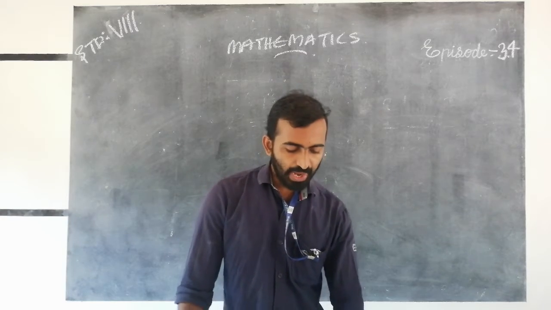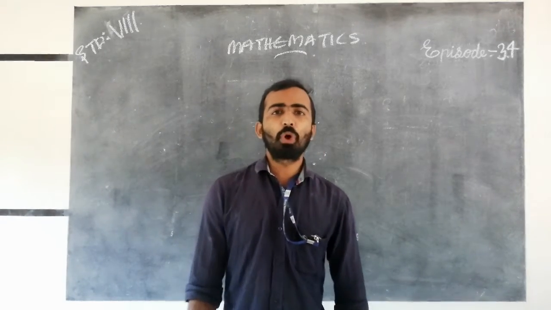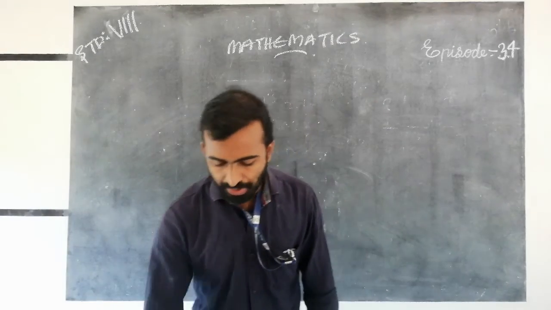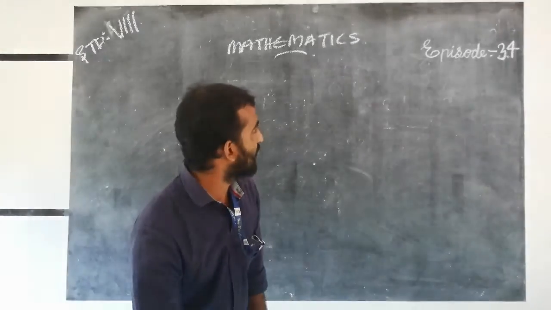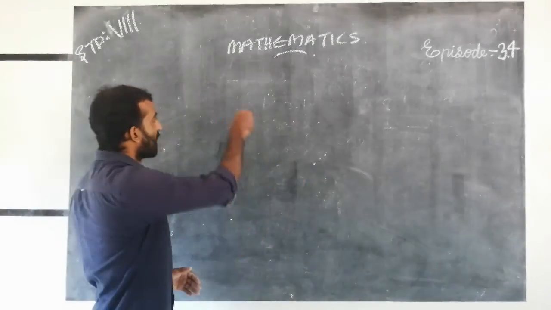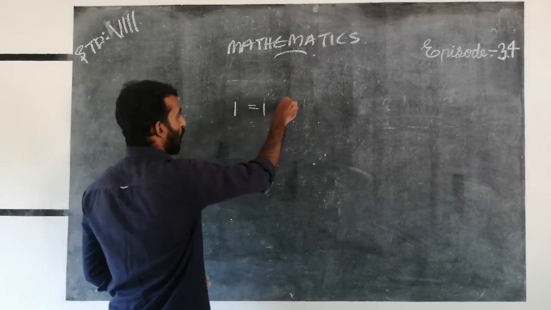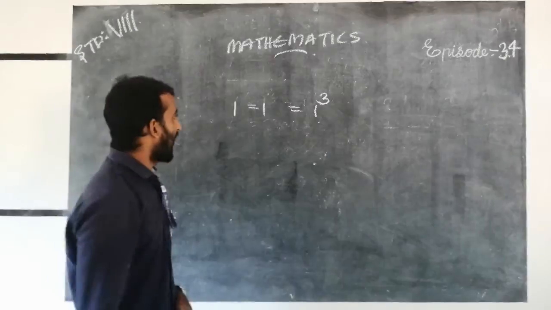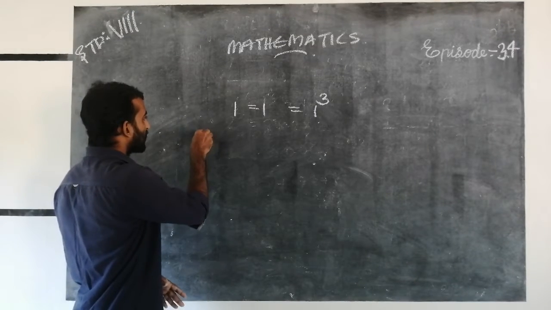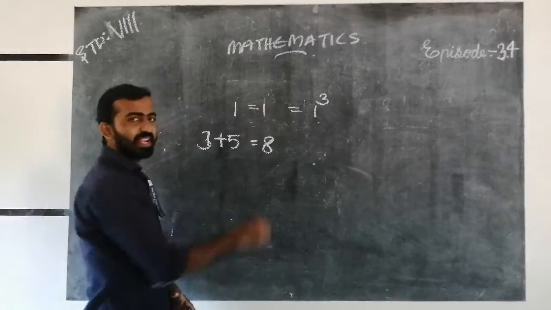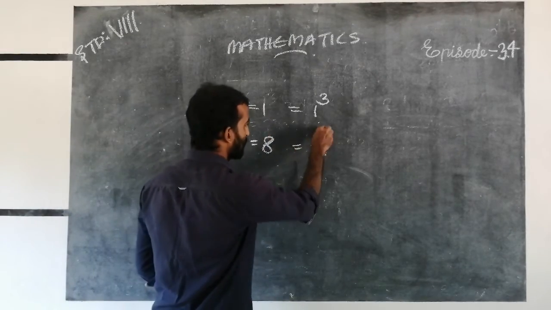Some interesting patterns: adding consecutive odd numbers. 1 equals 1 cube. Next, 3 plus 5 we get 8, that is 2 cube.